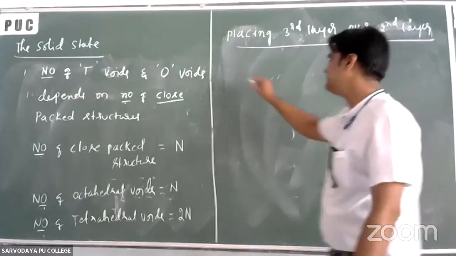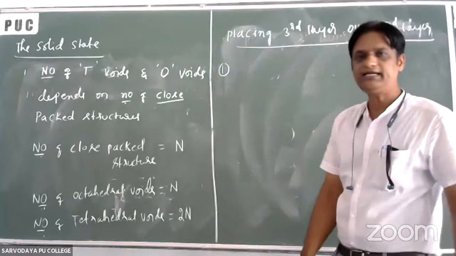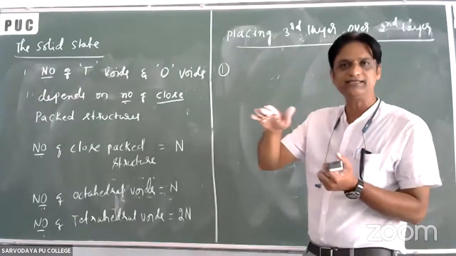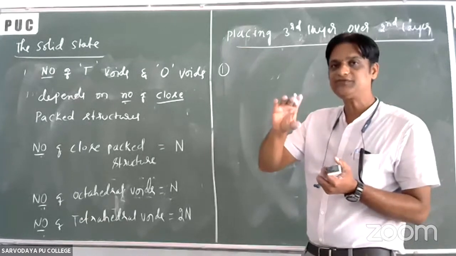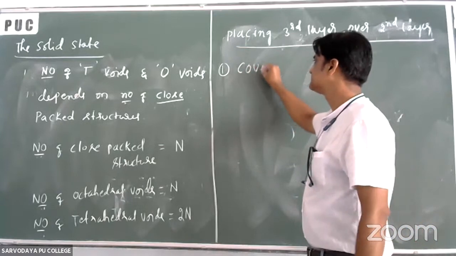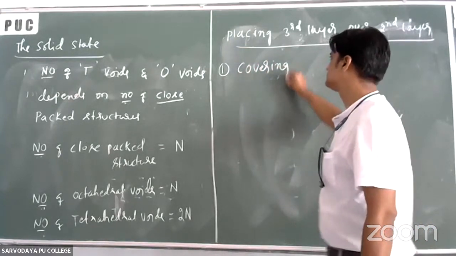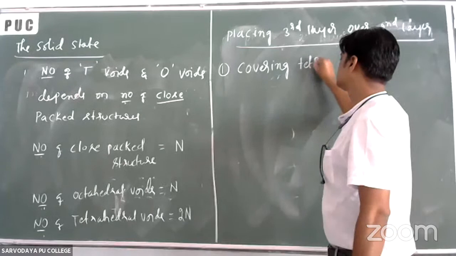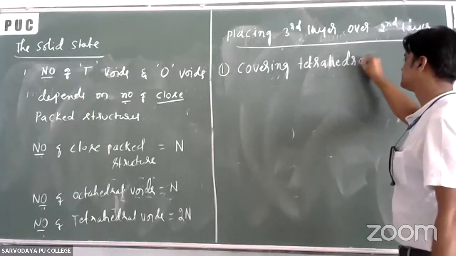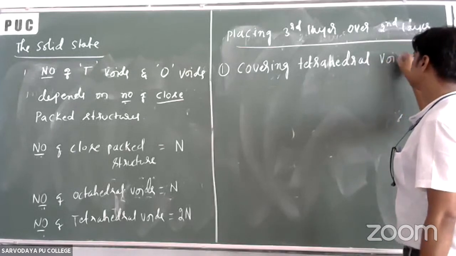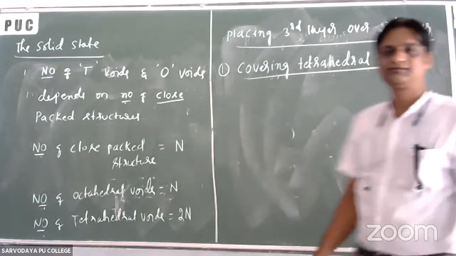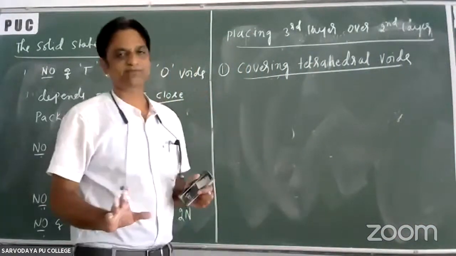There are 2 possibilities. One possibility is when the third layer is placed over the second layer, the spheres of the third layer can cover tetrahedral voids.